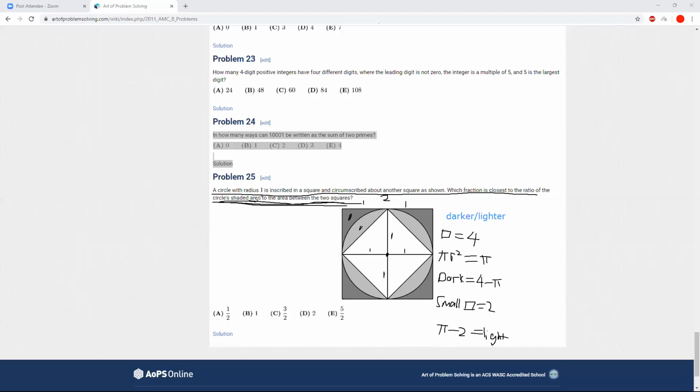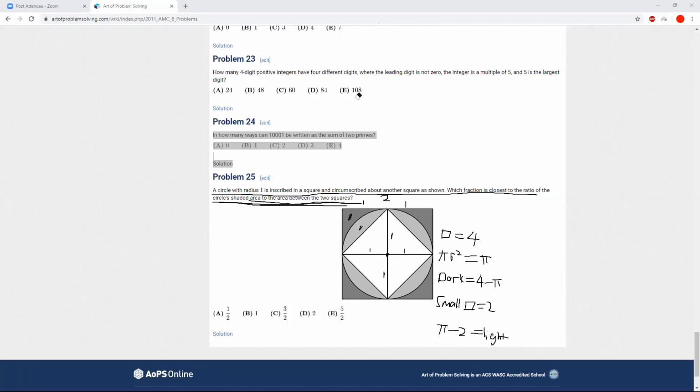So the circle shaded area is actually just the light region, and the area between the two squares is both the regions combined. So we're going to scratch that. How do you edit this?